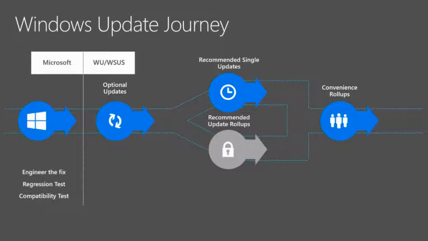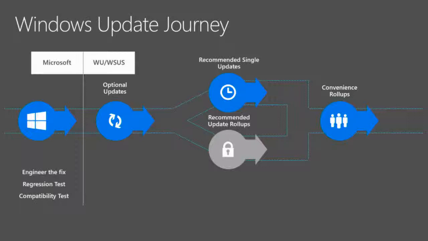And so if everything goes well, after a certain amount of time, sometimes 30 days, sometimes a little more, sometimes a little less, we then promote those updates to recommended single updates. It's just one update for one bug problem being resolved, or roll-ups.